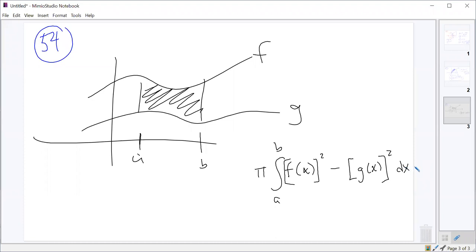And that's just your basic formula. And looks like that's choice D. Good. Any questions there on 54?